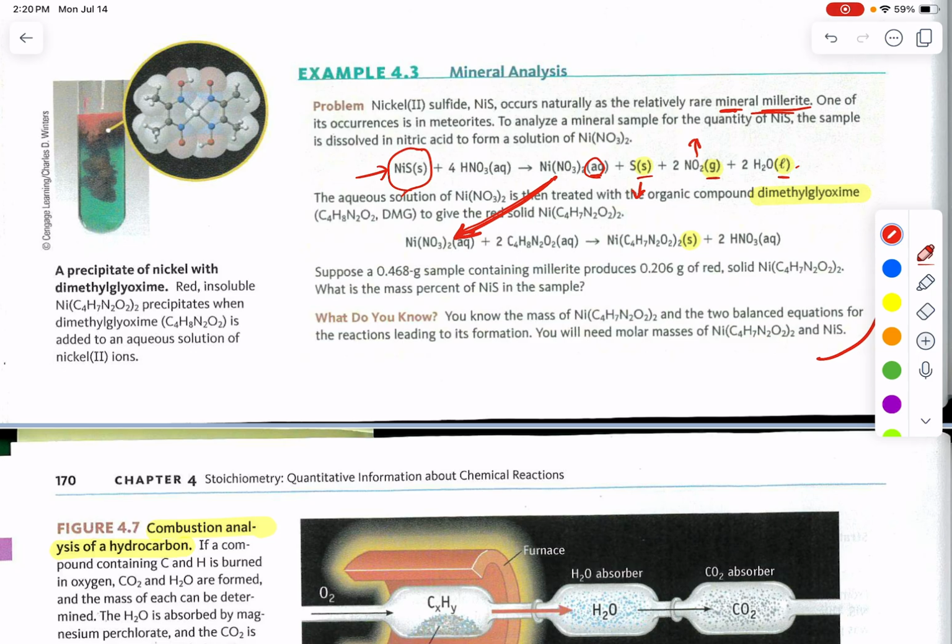So we take this nickel nitrate that is in solution, and you add this solution of DMG, and what happens is that in this mixture, the DMG, dimethylglyoxime, complexes with the nickel. It takes two molecules to do this.